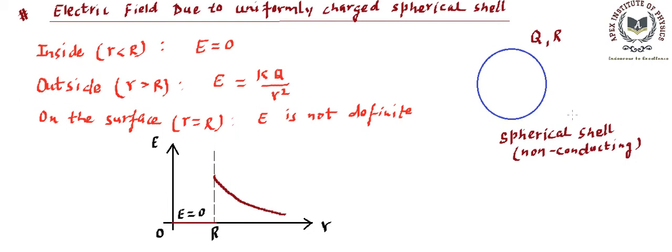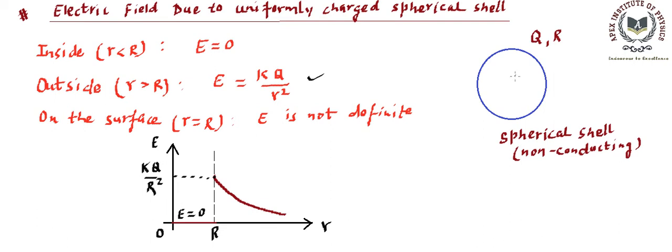Then just after R, that is outside, the field formula is this. So it starts from this particular value, decreases down and reaches 0 at infinite location, since it is 1 upon r square. The field just outside has the value KQ upon capital R square.